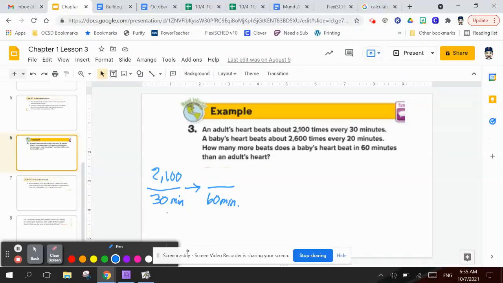So what can I multiply by 30 to get 60? Well, that's 2. So if I multiply my denominator by 2, I have to do the same thing and multiply my numerator by 2. So 2 times 2,100 is 4,200 beats.